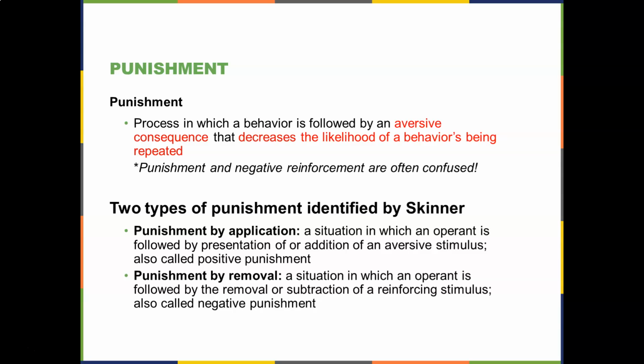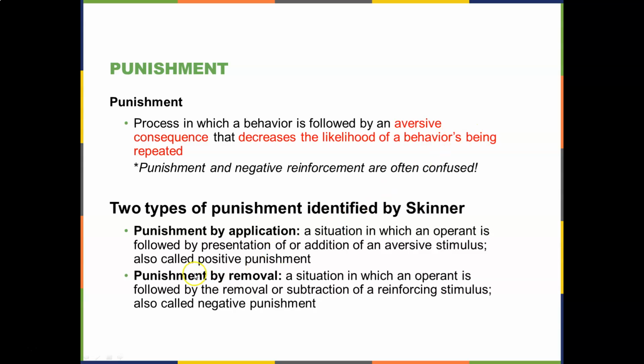That is what's known as punishment. I did put a note down here that punishment and negative reinforcement are sometimes confused. So just be aware of that, and we will take a look at those a little more in depth as we proceed, okay?